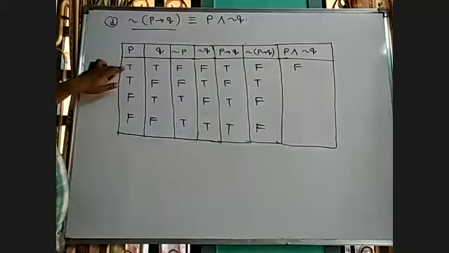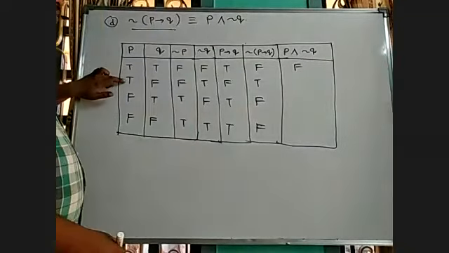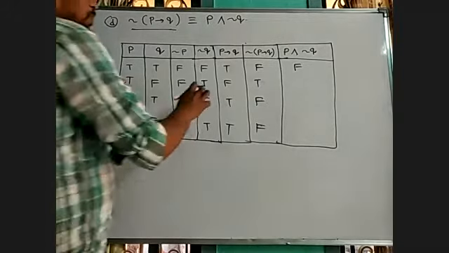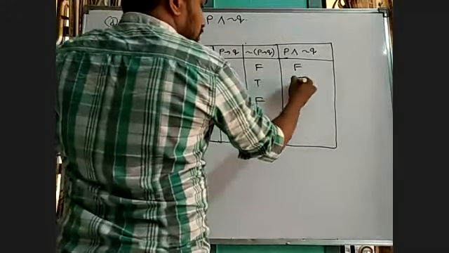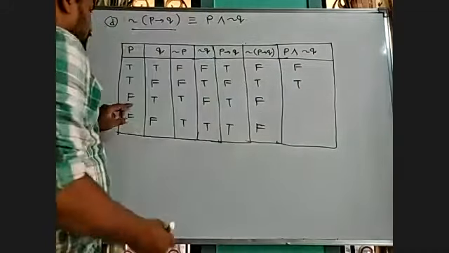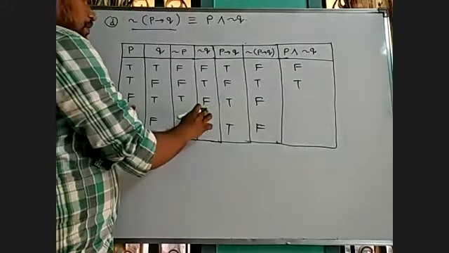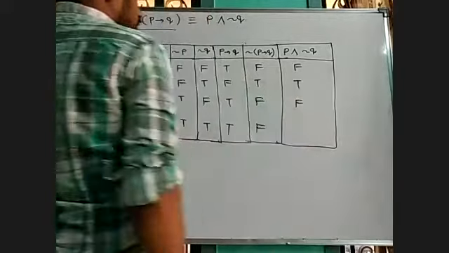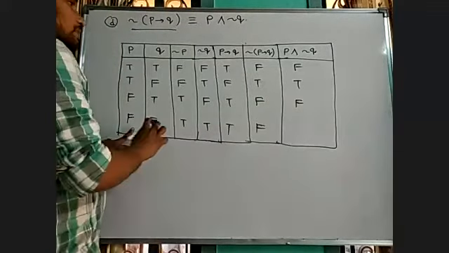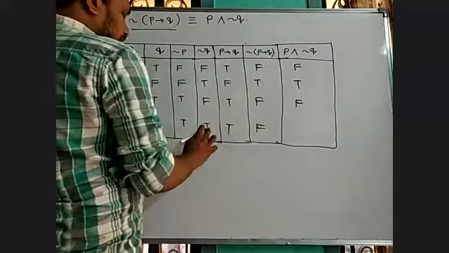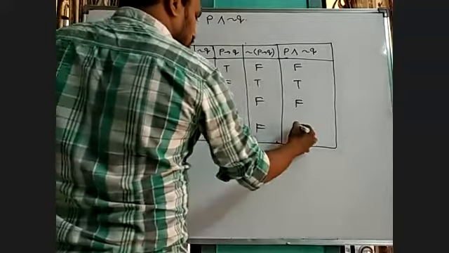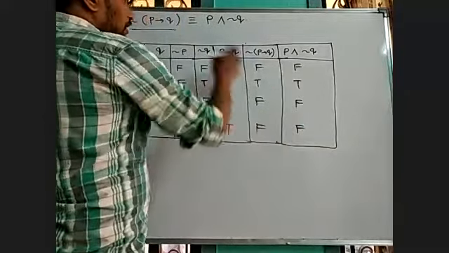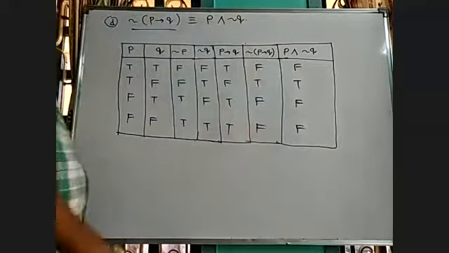Next, true, true gives true. Next, false and false gives false only. Next, false, true is also false. From this both are equal. These both are logically equivalent. Okay, write it.